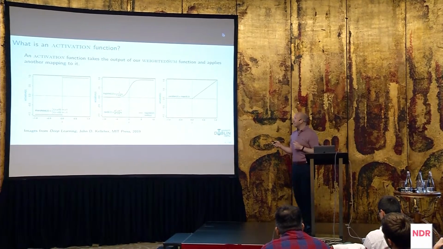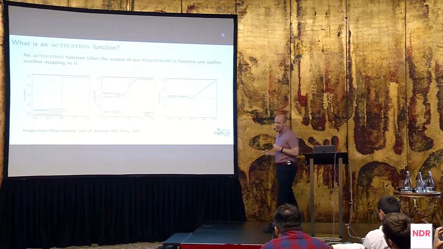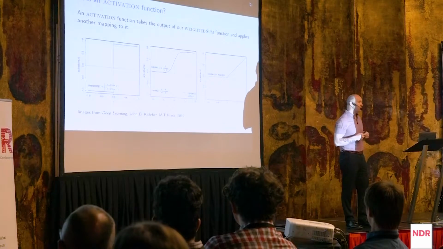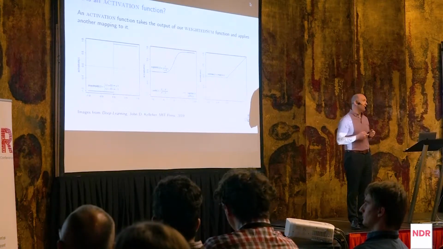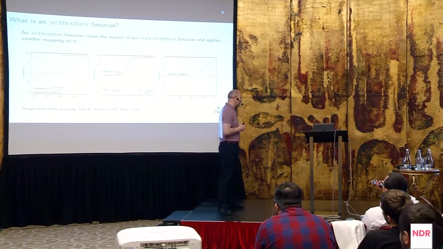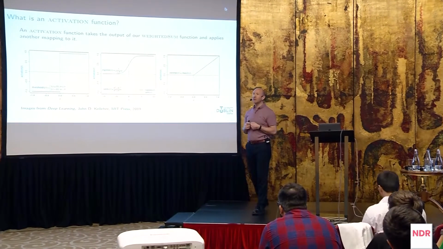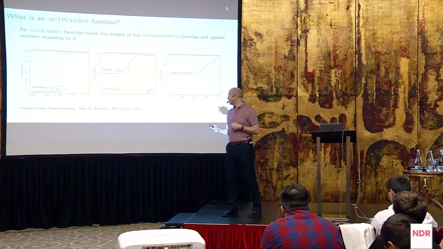The simplest type of nonlinearity would just be a threshold where, if the weighted sum value is above a certain threshold, I output a 1. If it's below that threshold, I output a 0. Very simple threshold function. If you're reading the literature, McCulloch and Pitts' early neurons used that threshold function.